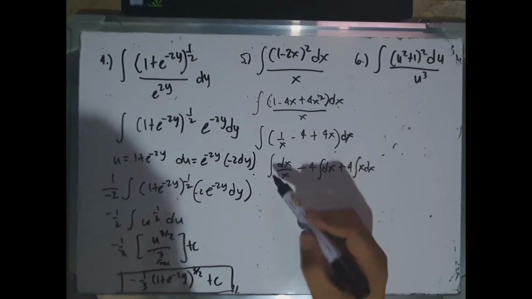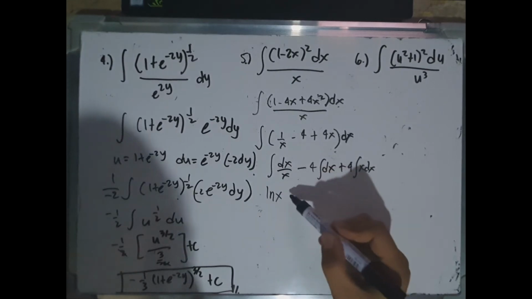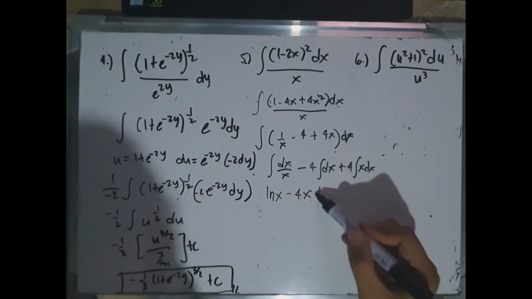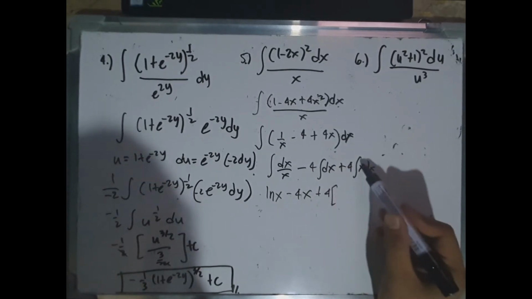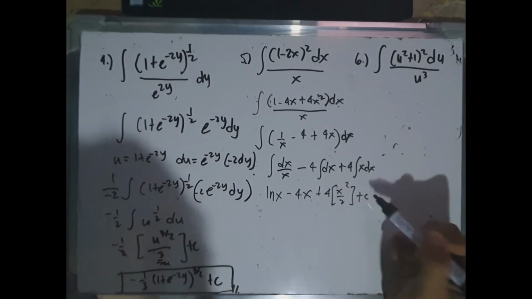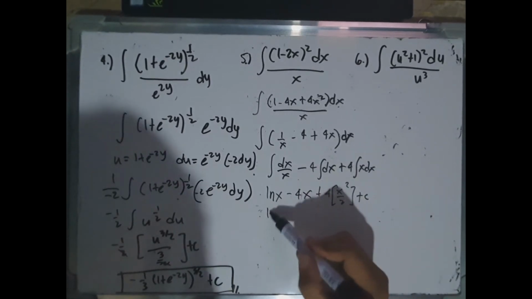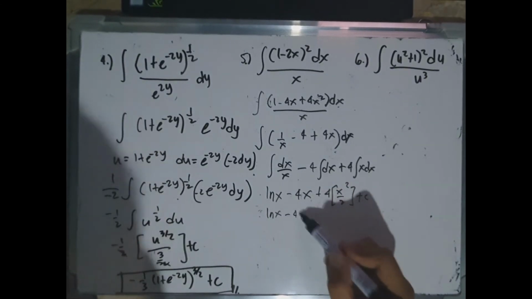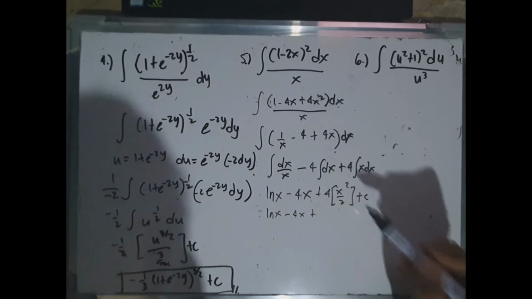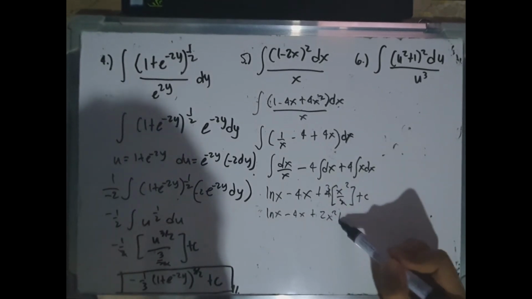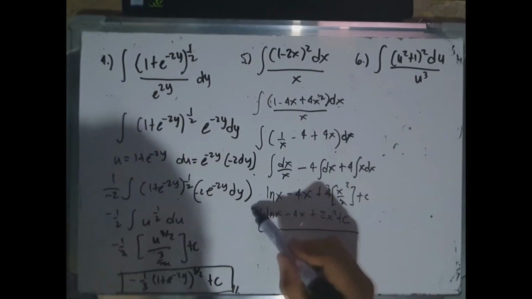Integral of dx over x, that is ln x, minus 4 integral of dx, that is x, plus 4 integral of x dx, that is x squared over 2 plus c. So we now have ln x minus 4x plus, so we now have 2x squared plus c as our final answer.